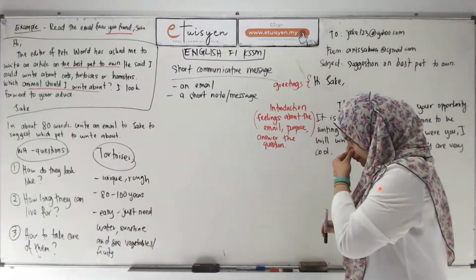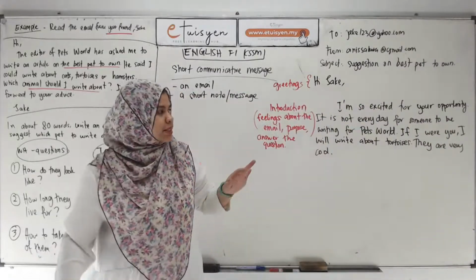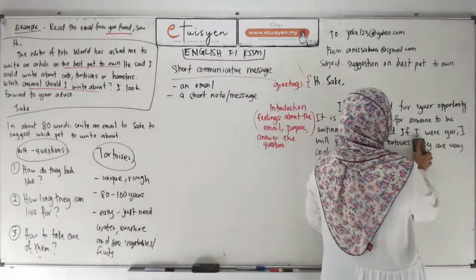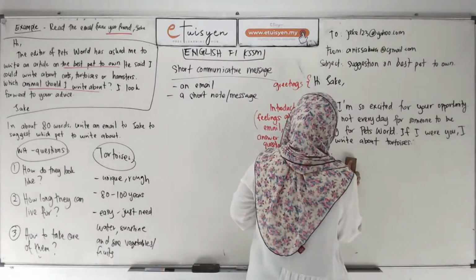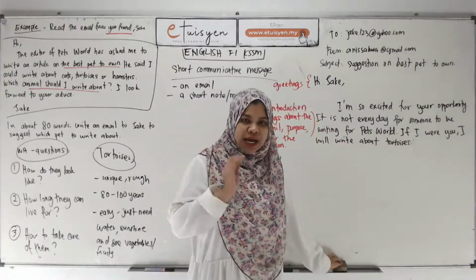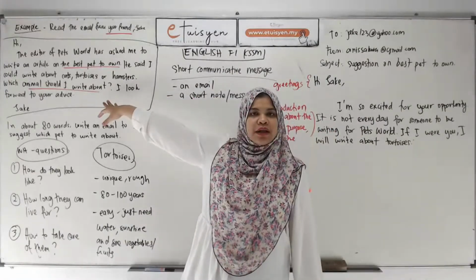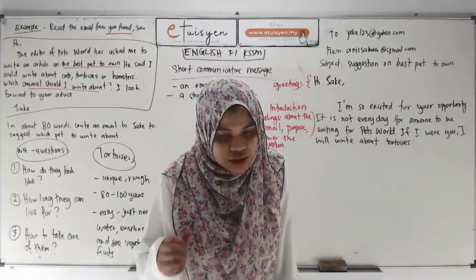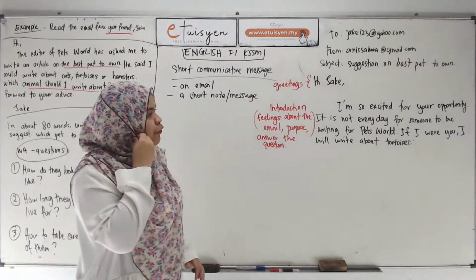Okay? Now, so this is what, oh, you know what? Let's just push that to the second paragraph. Sorry. Okay, I will write about tortoise. So I'm saying here, my answer here, which animal? I'm going to choose tortoise. Okay? So what can we say? Oh, okay. All right. So that's for your introduction.